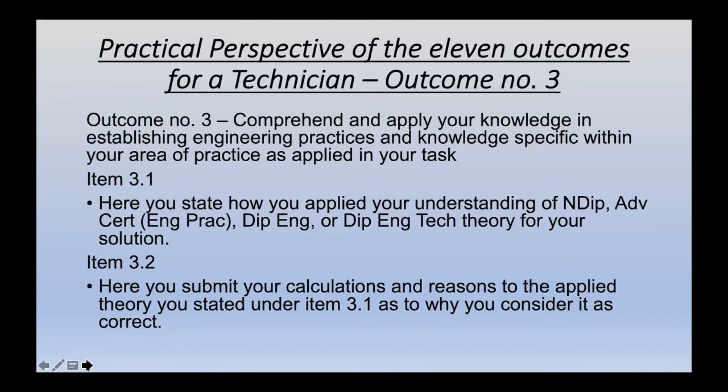There you must understand and tell what formulas, what understanding, what techniques you used to get your solution. Item 3.2: here you submit your calculations and the reasons for the applied theory you stated under item 3.1, as to why you considered it correct. Next slide.